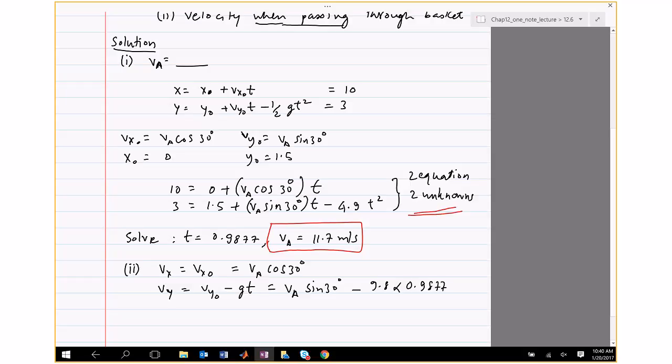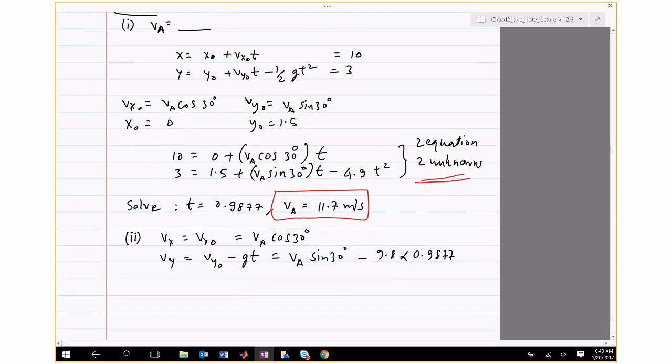If you do this, Vx comes out to be 10.13 meters per second, and Vy comes out to be minus 3.82 meters per second.